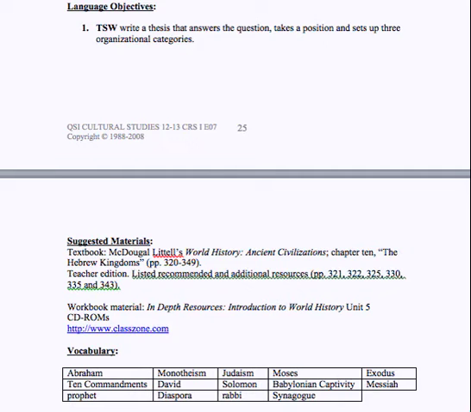We will actually do this as part of our review lesson. The question is, what makes the Hebrew kingdom unique? It's broad, but it should give students a chance to exercise a specific writing skill, which is to take content and use that content to respond to a question.